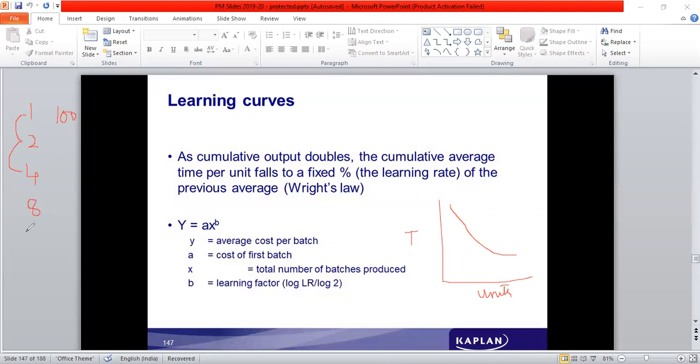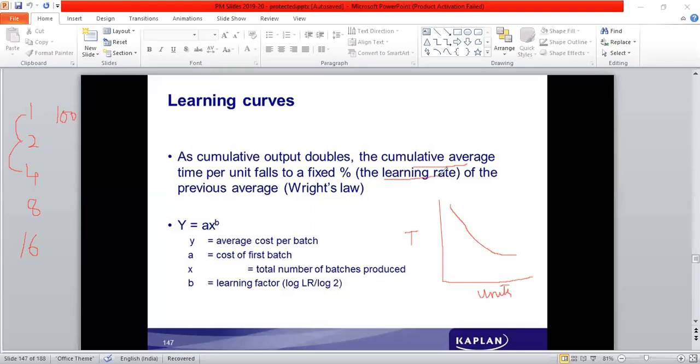So this is the situation in which learning curve analysis or learning curve theory is applicable. It is not incremental units of 1, 2, 3, and so on, but when it is cumulated, the cumulative average time per unit falls at a particular learning rate. So what is the learning rate?